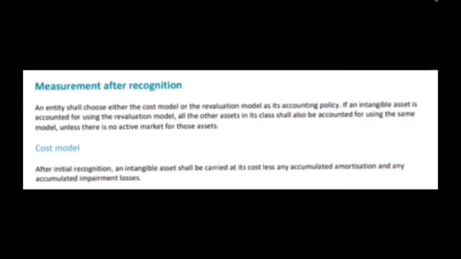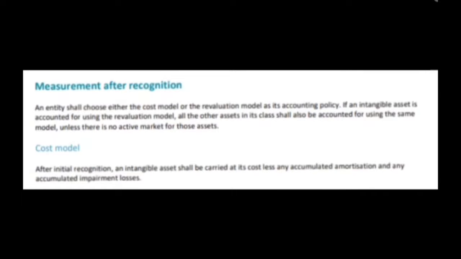While using the cost model, what will the company do? After initial recognition, an intangible asset shall be carried at its cost less any accumulated amortization and any accumulated impairment losses. So what is amortization? Amortization means the decline in the value of intangible assets, just as the decline in the value of a tangible asset means depreciation.